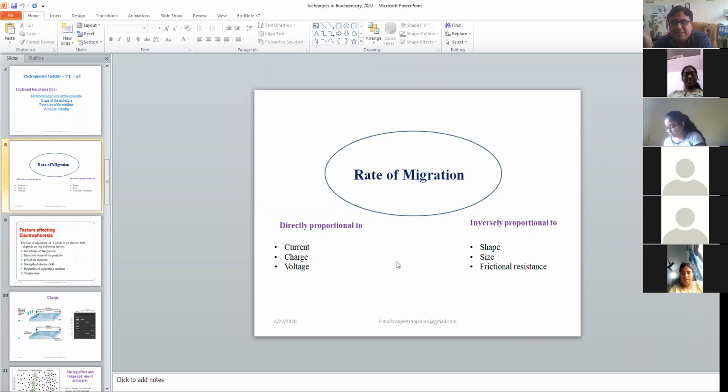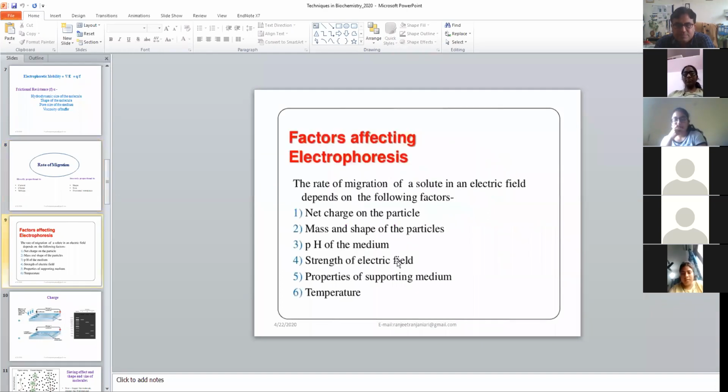Similarly size, similarly frictional resistance. All these three are important parameters and variables which have the potential to affect the separation of the molecule through electrophoresis. So we should remember the rate of migration is directly proportional to current, charge, and voltage, and inversely proportional to the shape, size, and frictional resistance.